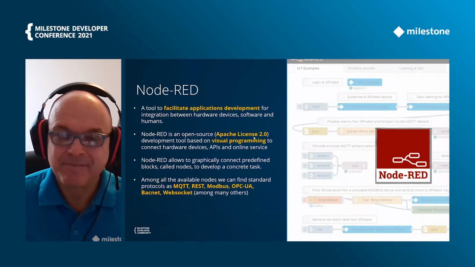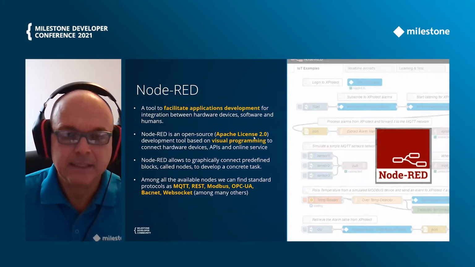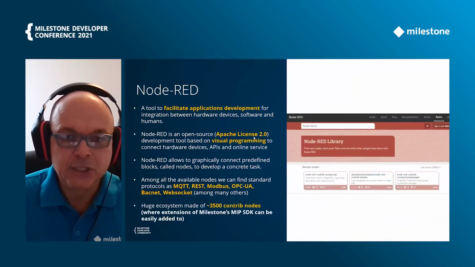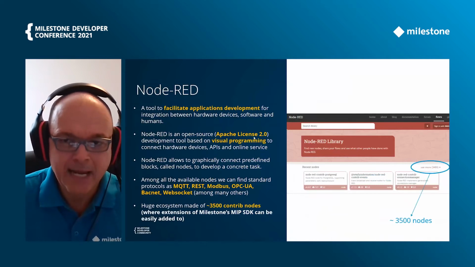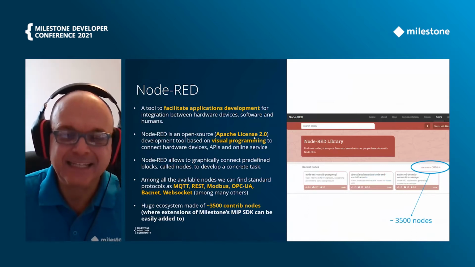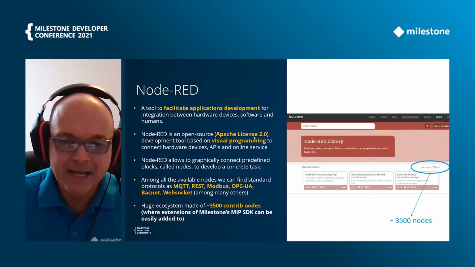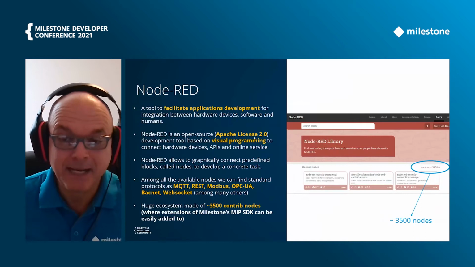Another very important thing is that Node-RED has a huge ecosystem made of around 3,500 contributed nodes, meaning that it has a very wide community and allows the customization and writing of new Lego bricks, or new nodes, to improve the capability of Node-RED.